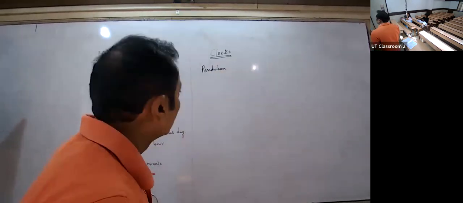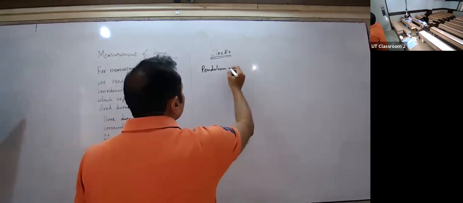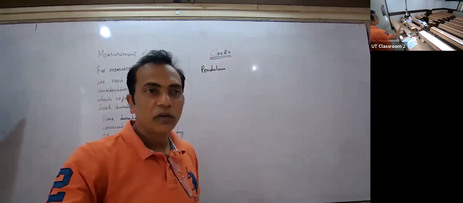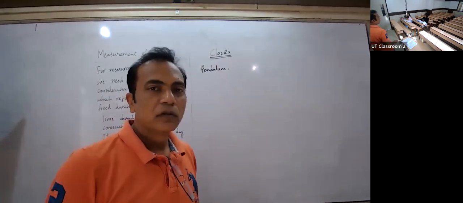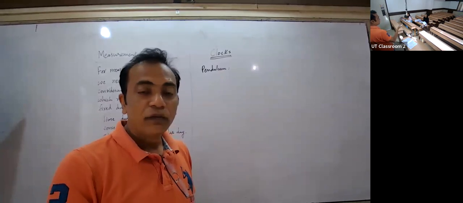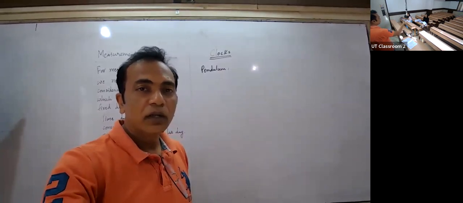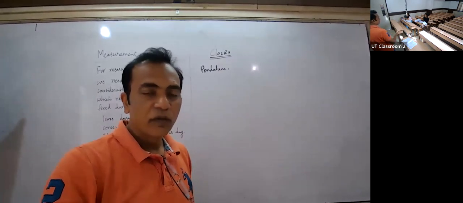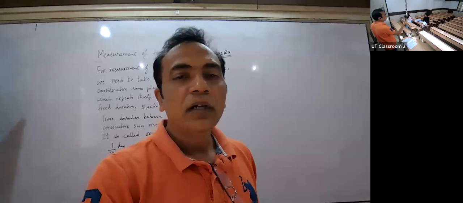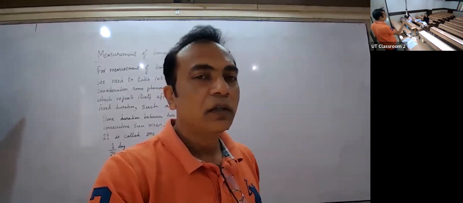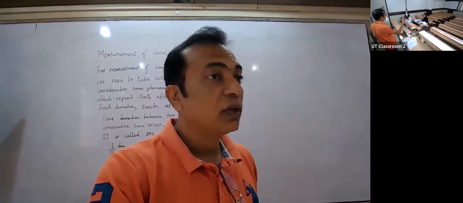Right? What is a pendulum? This is a pendulum, right? It is going to and fro. Now if you take a clock and measure its duration, for example, through a stopwatch, you will find that during oscillation, going from one end to the other end and again coming back, this is one oscillation.